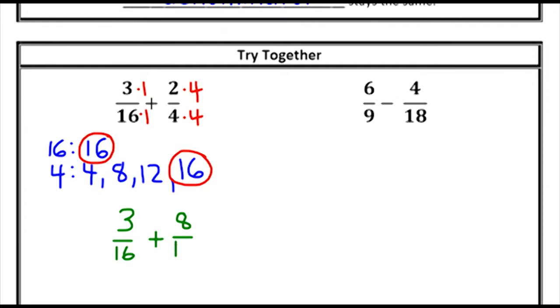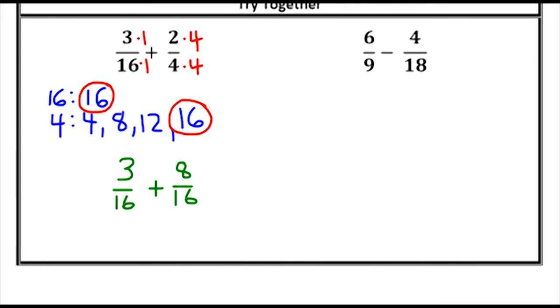Now I have common denominators. I can just simply add. 3 plus 8 is 11. My denominator stays exactly the same. Does not simplify. There's my answer.